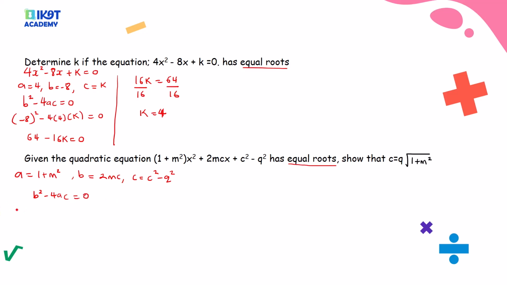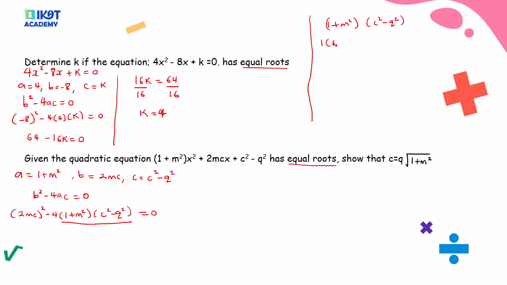So here what we have, this is 2mc squared minus 4 into 1 plus m squared into c squared minus q squared. This is equal to 0. Now the easiest way we can do this, we simplify this in our side work because we don't have so much space there. So 1 plus m squared into c squared minus q squared.